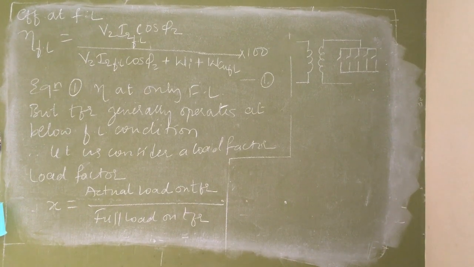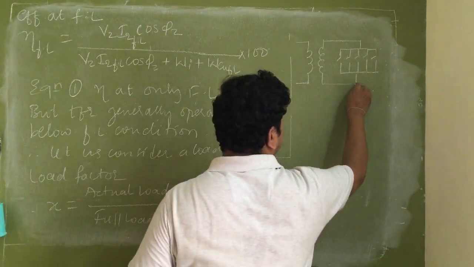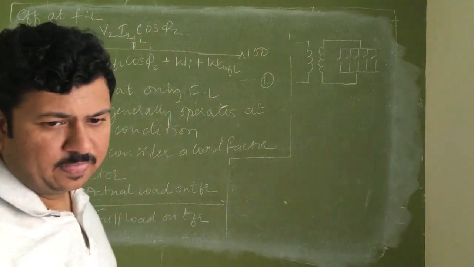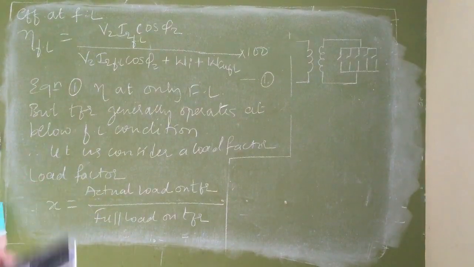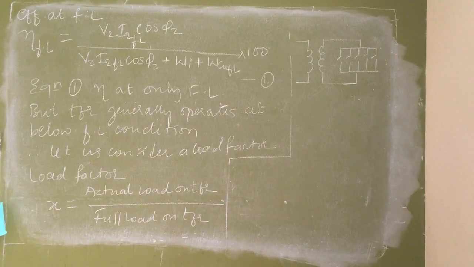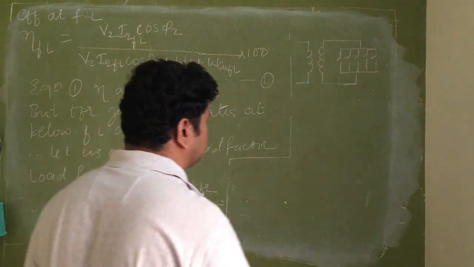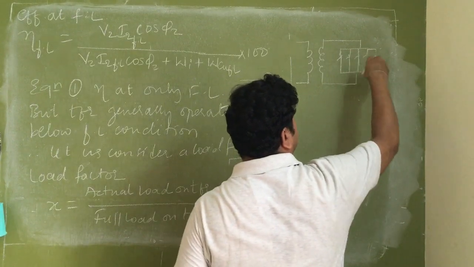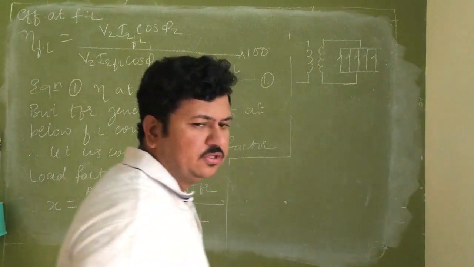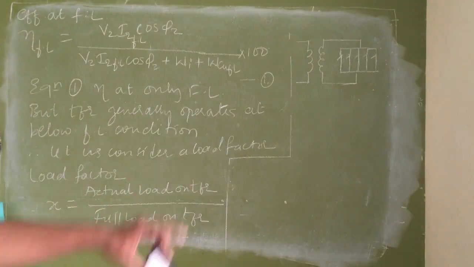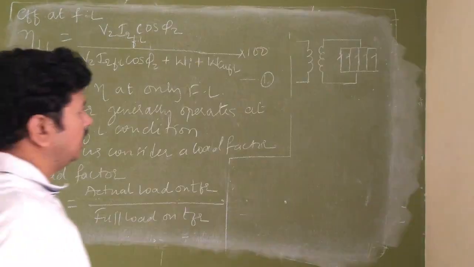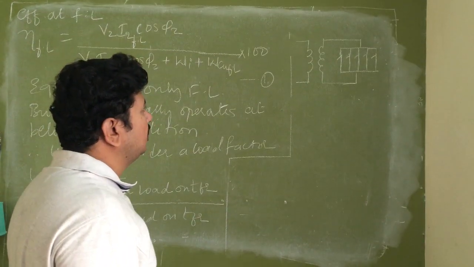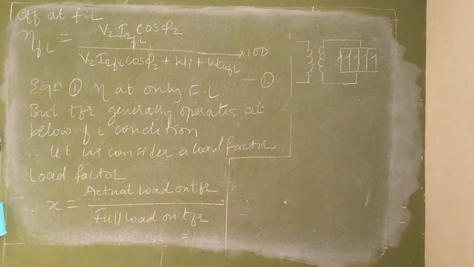Now if all these switches are open, then the transformer is on no load. If all the switches are closed, then the transformer is on full load. Don't think that it is short circuit. I am not showing the actual load, I am simply showing it in the form of a switch. Now, the load on the transformer varies from no load to full load.